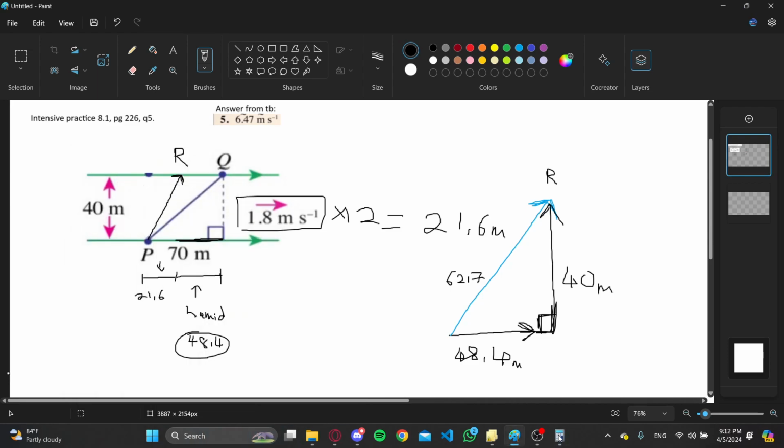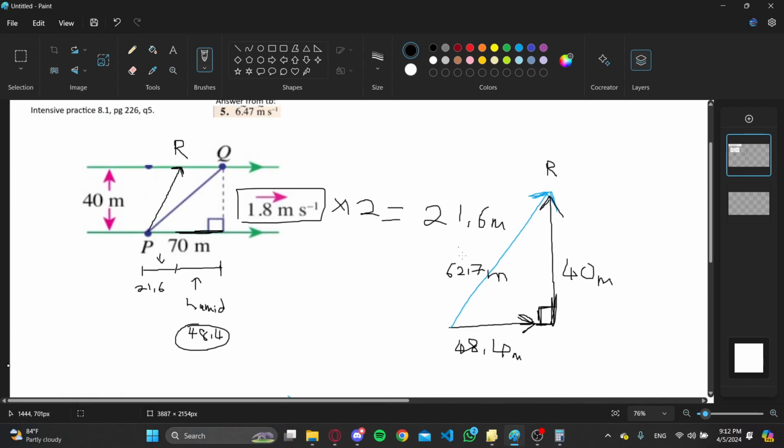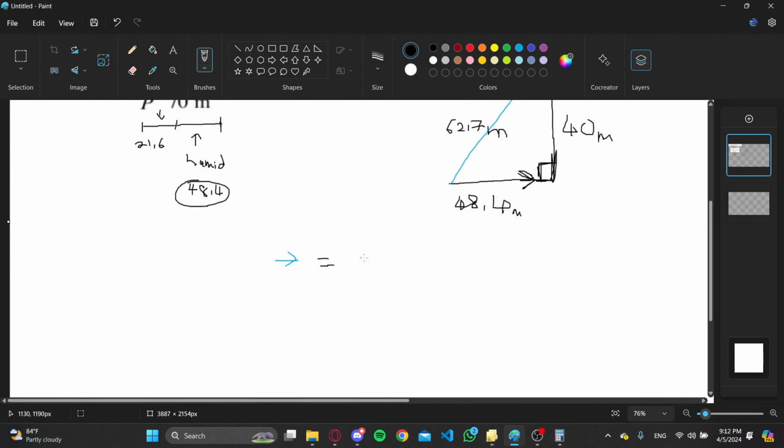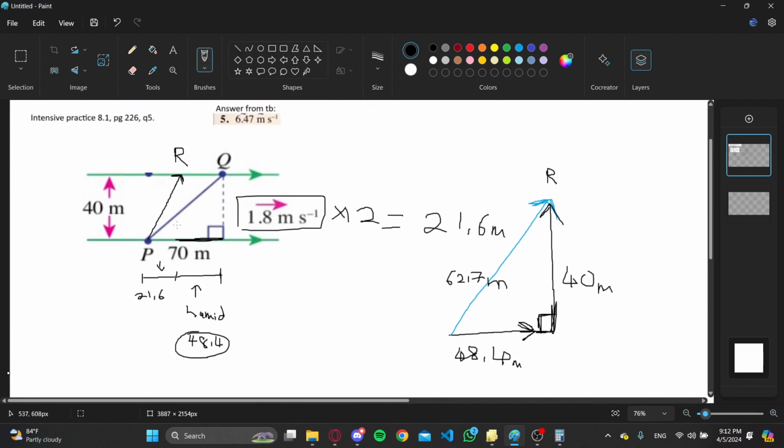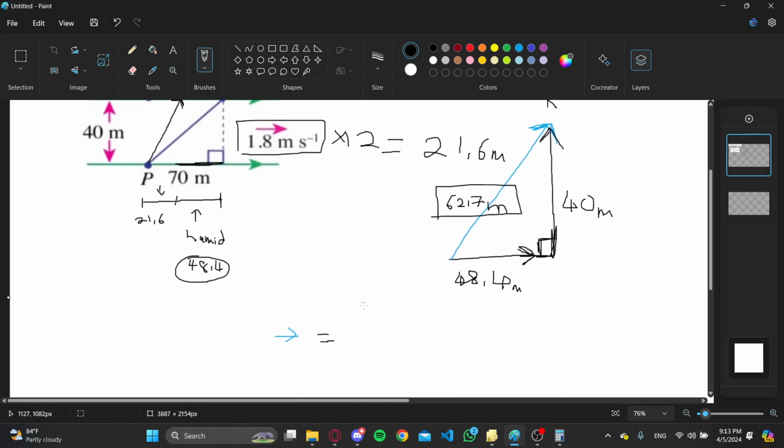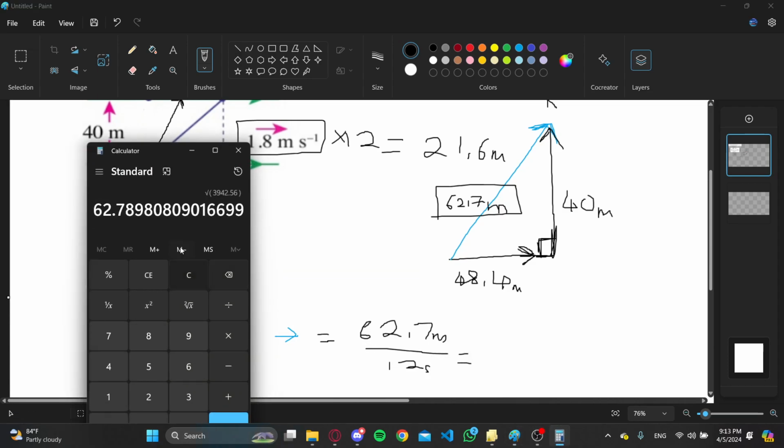Yeah. So my claim is that Hamid travels a distance of 62.7 meters. His boat travels this distance, and since he travels this distance in 12 seconds, his actual speed is this divided by 12.